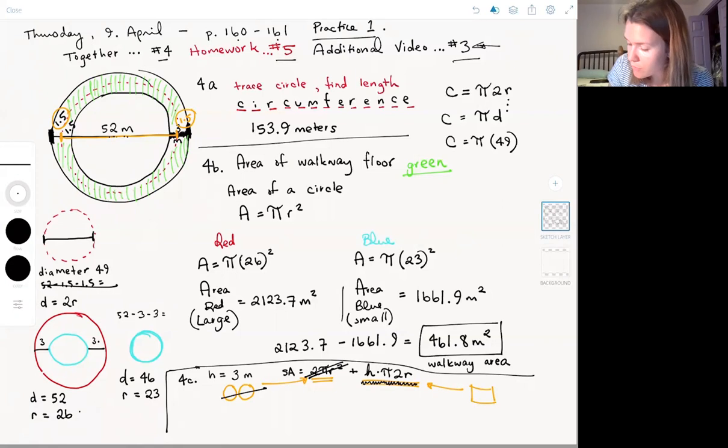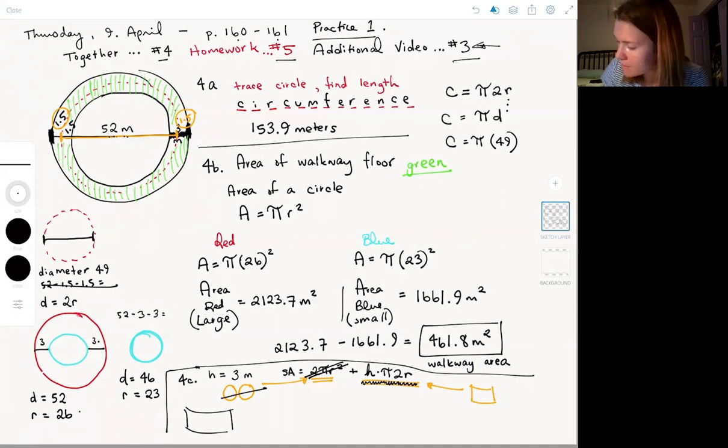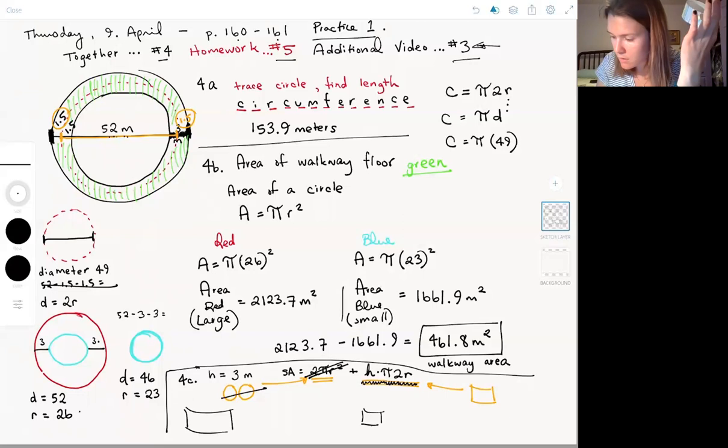well, the height for both my large cylinder and my small inside cylinder is going to be 3 meters.